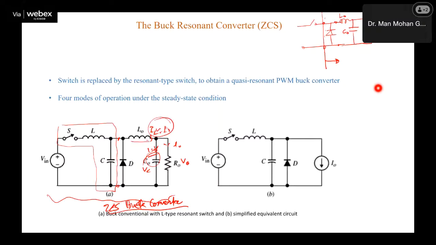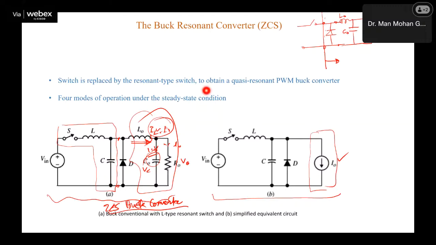So whatever current is being flown here, that we can assume to be constant, right? So that's what we have replaced this entire configuration with I node, right? So our simplified circuit becomes this one.